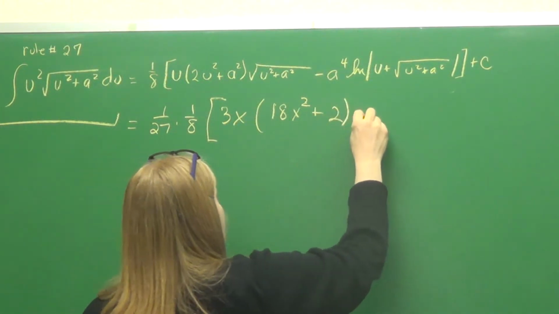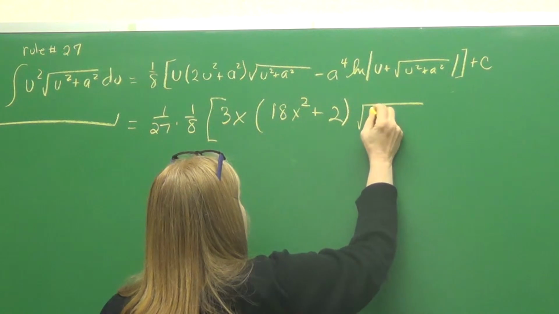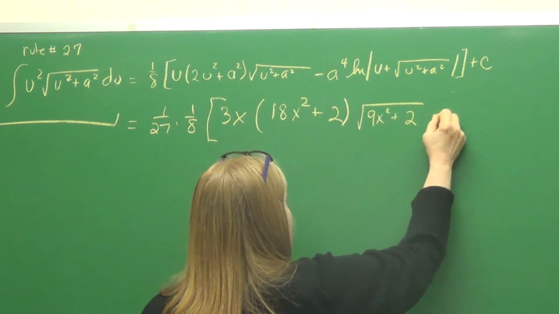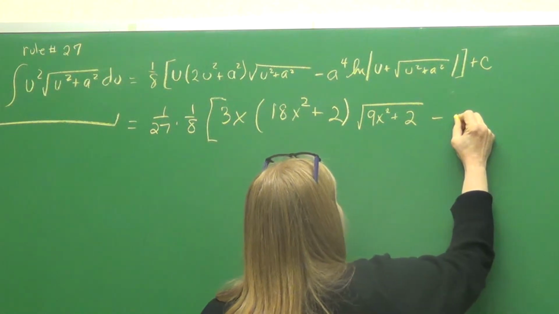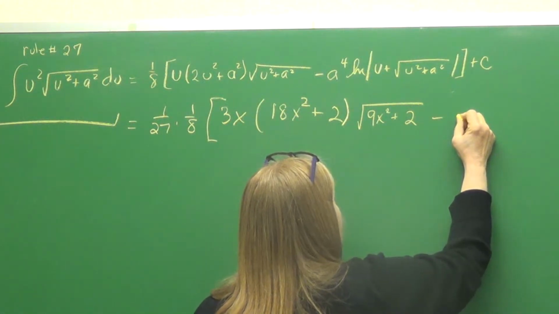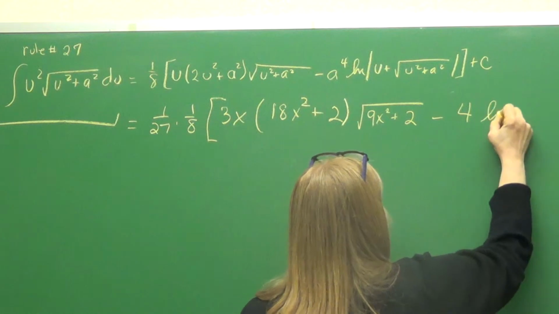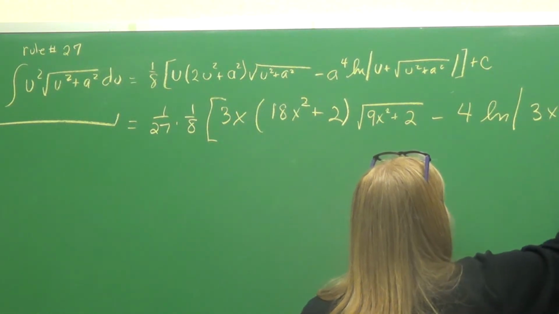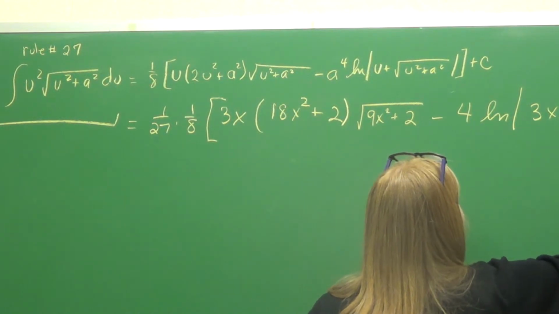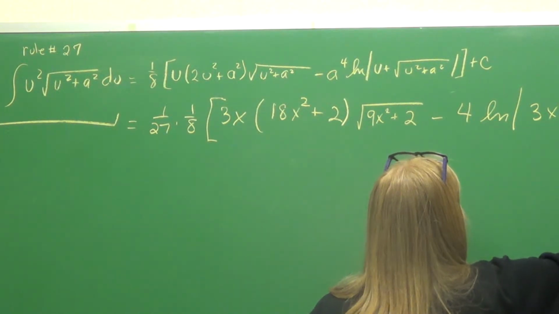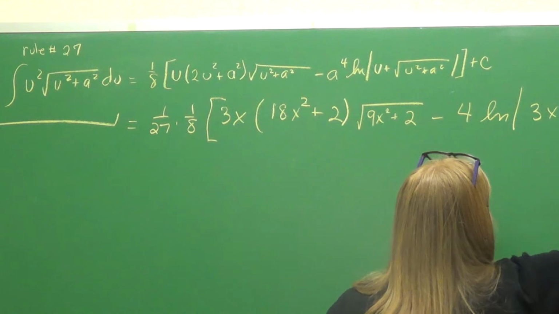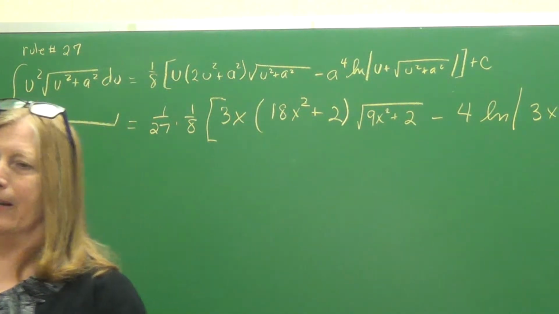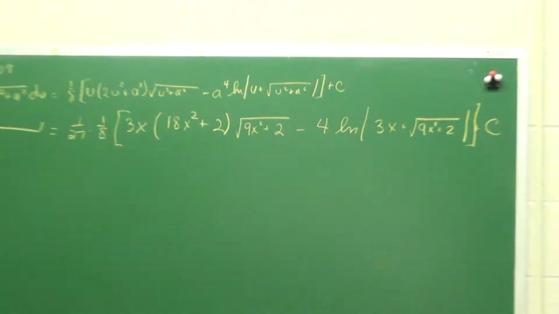And the square root of 9x squared plus 2 minus square root of 2 to the 4th. 2 to the 4th, so 4 ln of 3x plus the square root of 9x squared plus 2, plus c. All right, so once you get all the parts, you just throw it in, it's like that.